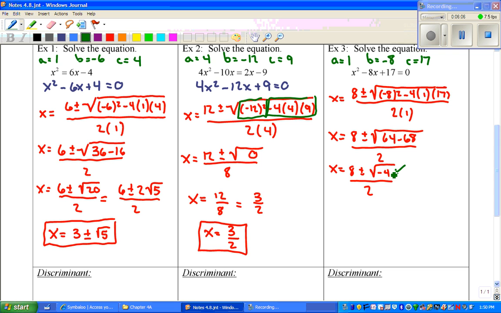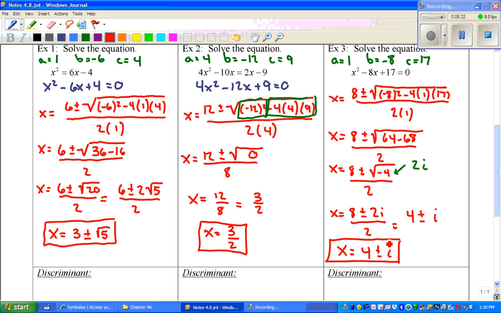So we take out the imaginary unit, and then take the square root of a positive 4, so I end up with 2i here. This one becomes x equal to 8 plus or minus 2i all over 2, which simplifies to 4 plus or minus i. So I end up with the solution x equals 4 plus or minus i, which is two imaginary solutions.